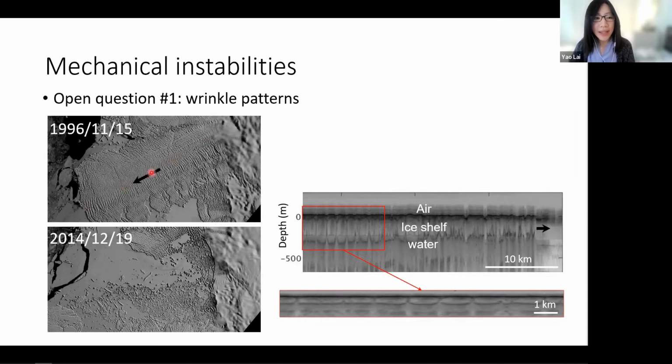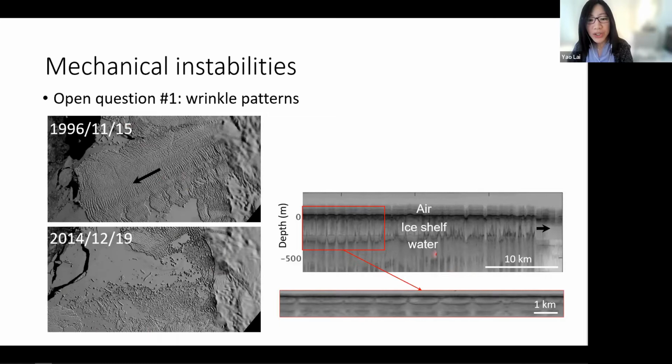You can see these spectacular regular wrinkle patterns, and these can be found on almost all ice shelves, with a wavelength of about the same order of magnitude as the thickness. Importantly, this wrinkle spacing to some extent determines the size of the icebergs. The ice shelf with these patterns in 1996 had broken into icebergs by 2014.